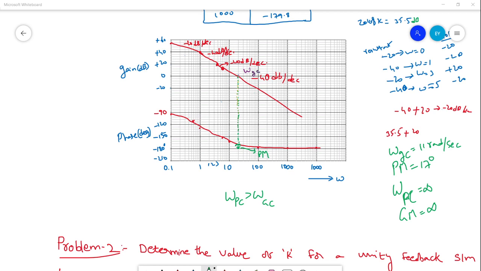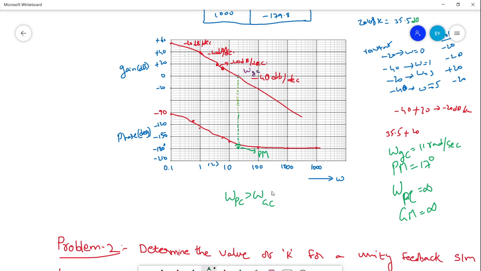So what is the condition for stability using the Bode plot? Phase crossover frequency must always be greater than gain crossover frequency. Is this condition satisfied in this particular problem? Let's check. The phase crossover frequency is infinity, right? Because there is no phase crossing minus 180 degrees.